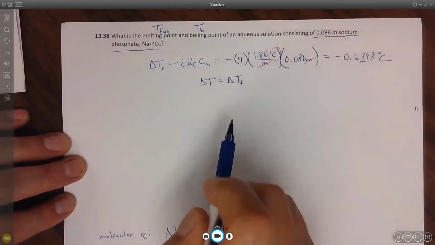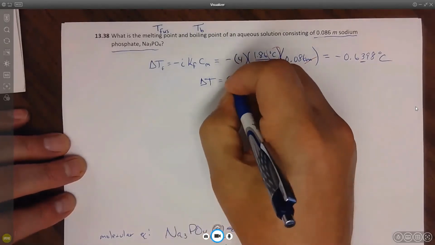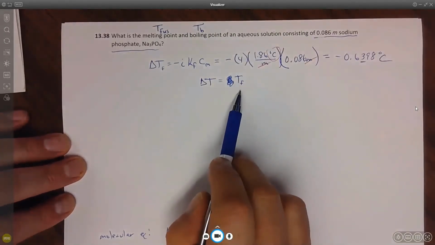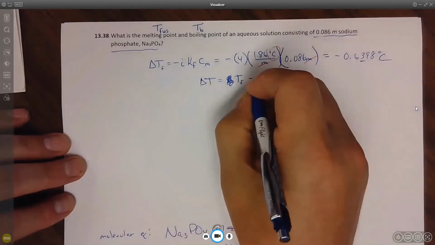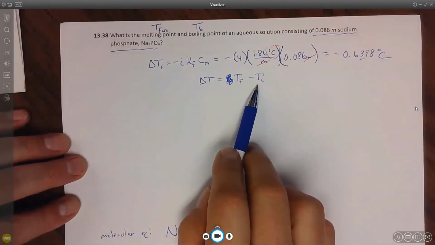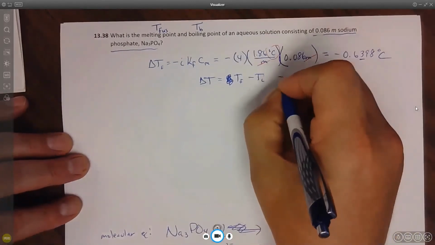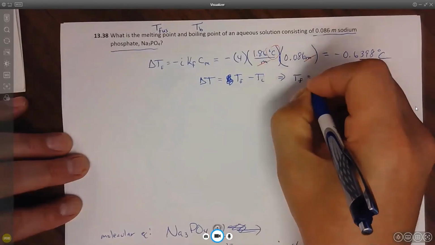Now, in this case, TF is the final temperature, but it also represents the temperature of fusion of the new solution. And Ti would have been the freezing point of the pure solvent, in this case, water. And since we want TF, well, TF is just going to be del T.